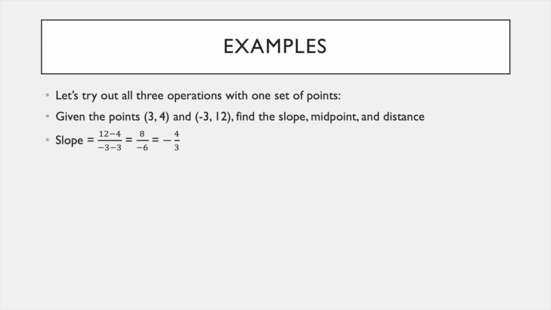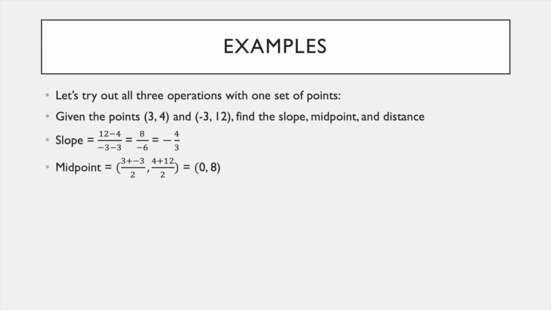And that minus is baked into it, but the -3 is part of the -3. So -3 minus 3 is -6. 8 over -6 can simplify to just -4/3. So if you have a fraction like this, if one of the two numbers is negative, the whole thing's negative. But if they're both negative, the whole thing's positive. So 8 over -6 is -4/3.